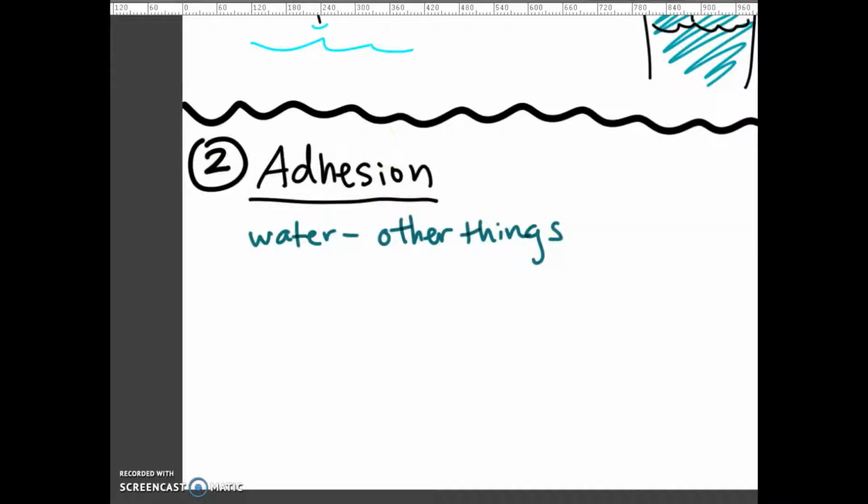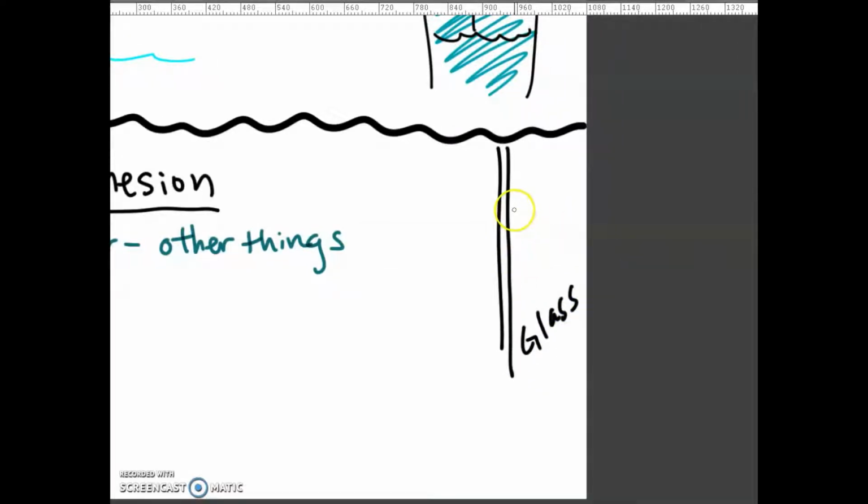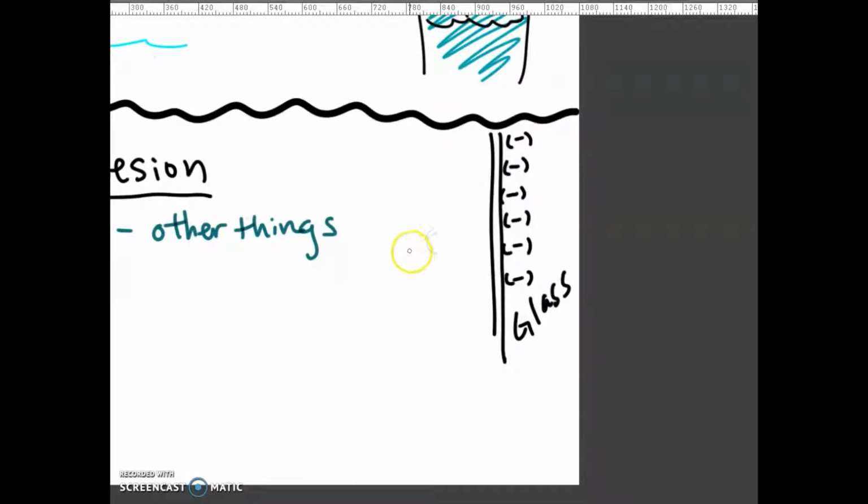Now, same thing as before. Your water molecule can do this because, for example, if we had a piece of glass, let's say this was glass, like a window, your glass actually can have positives and negatives on it as well. It doesn't always have to be zero charge. So anything that has a positive or a negative, your water can interact with. Why?